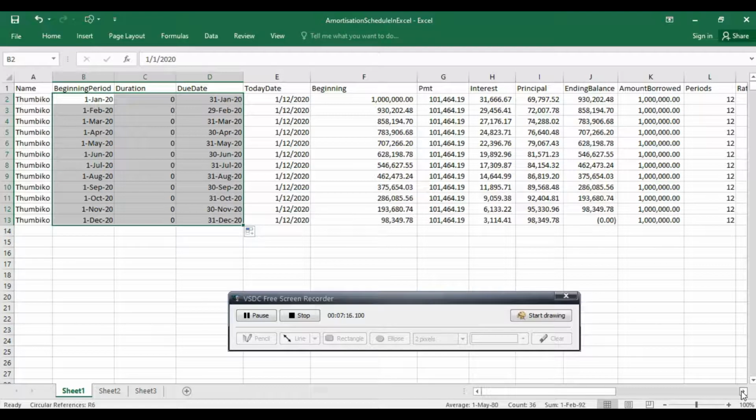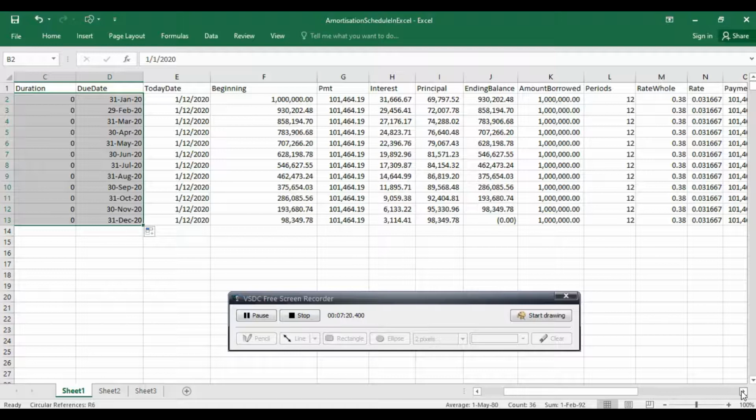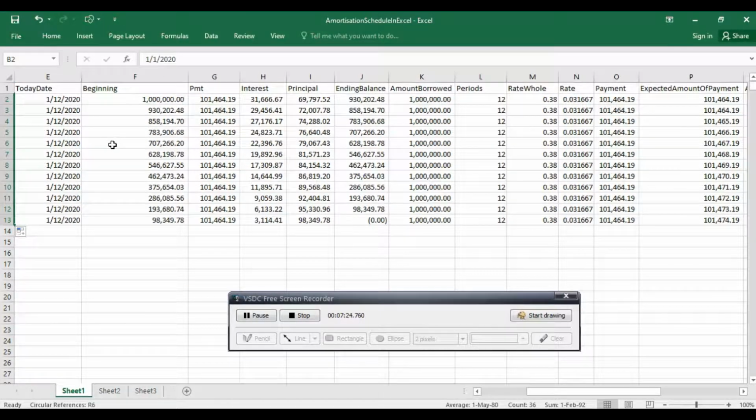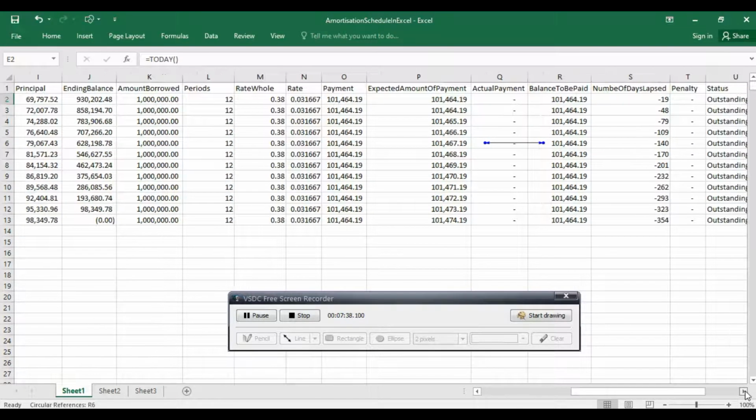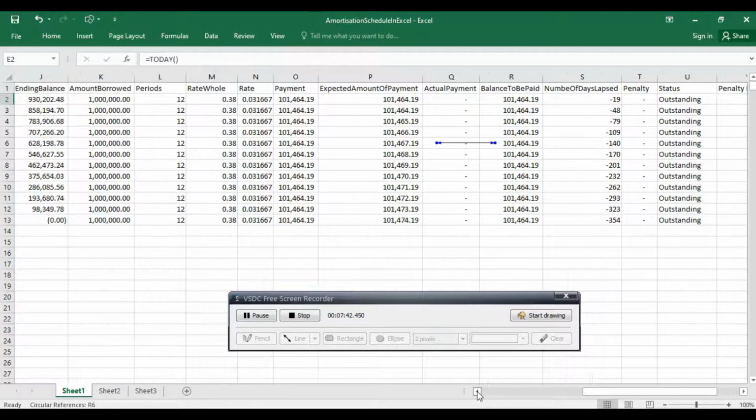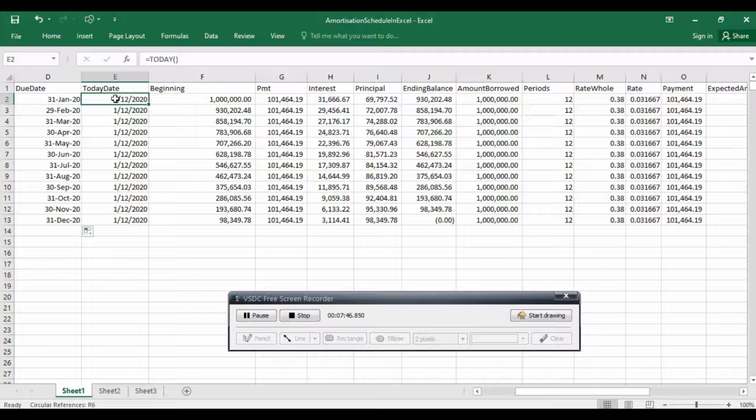So let us say today's date, let me just put the date here.